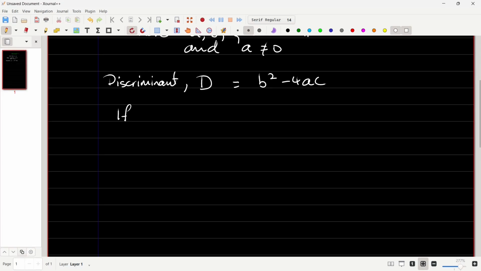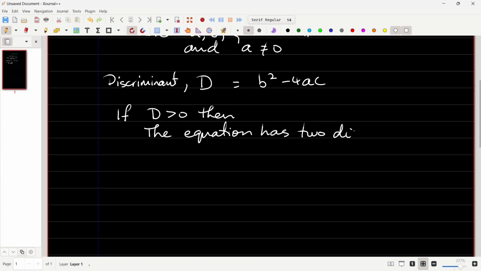So if d is greater than 0, let me just put this over here, actually. If d is greater than 0, then the equation has two distinct real roots.